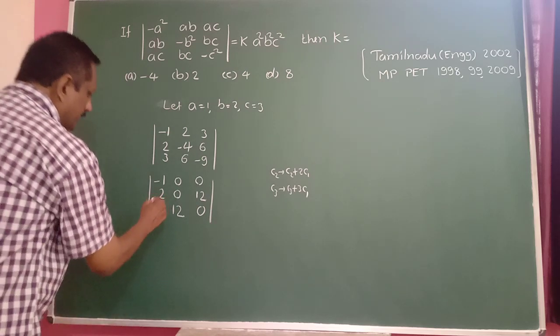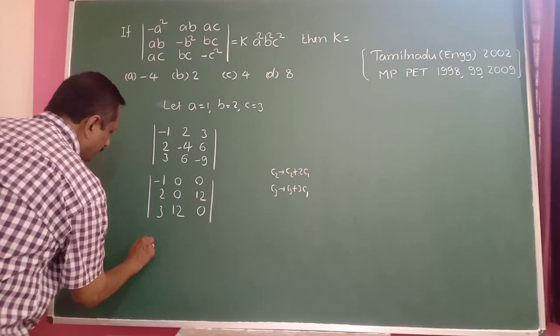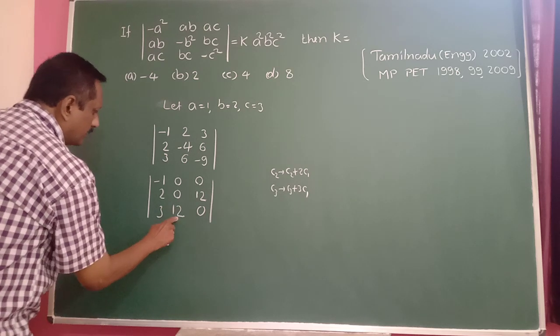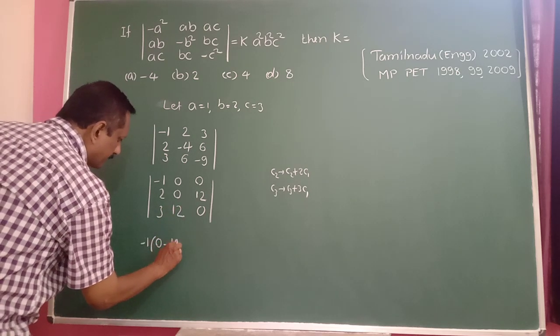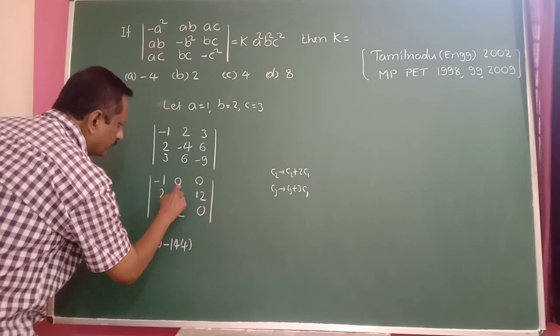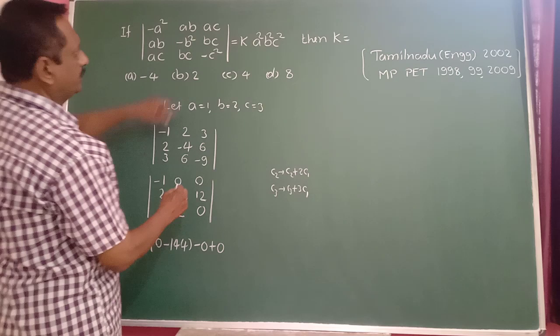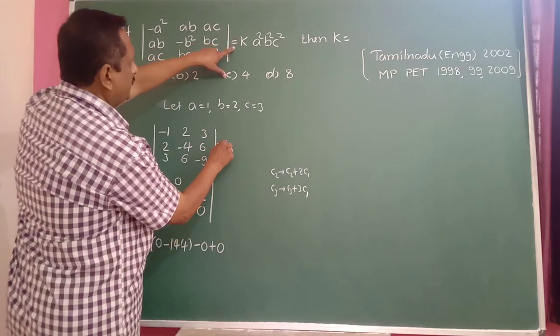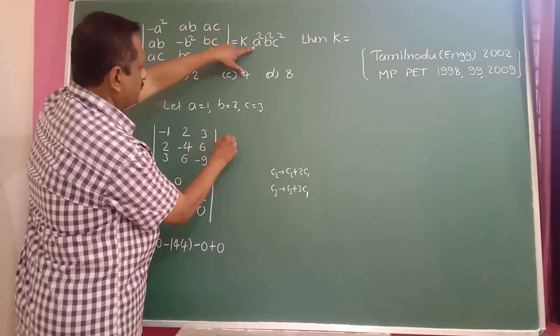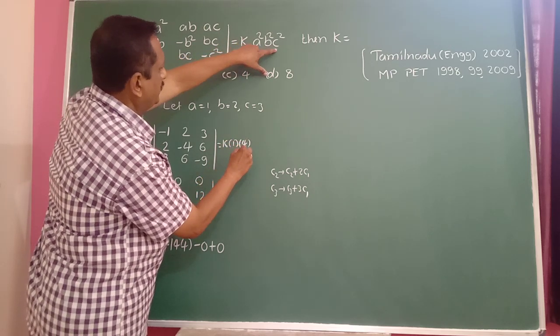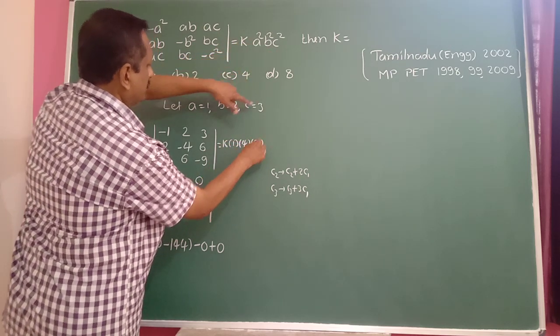Then expand the determinant here. So minus 1 into this is 0 minus 12, 12 twelves are 144 here. The next two terms are 0, hence minus 0 plus 0. On the right hand side also, k into a square, 1 square is 1, b square 4 and c square is 9 here.